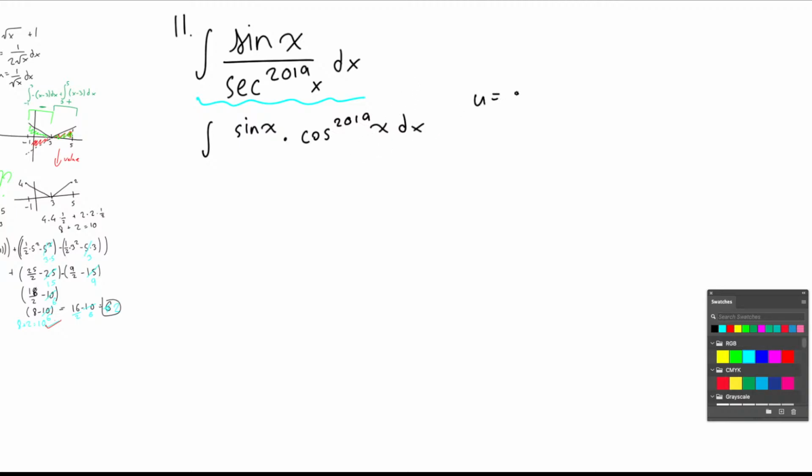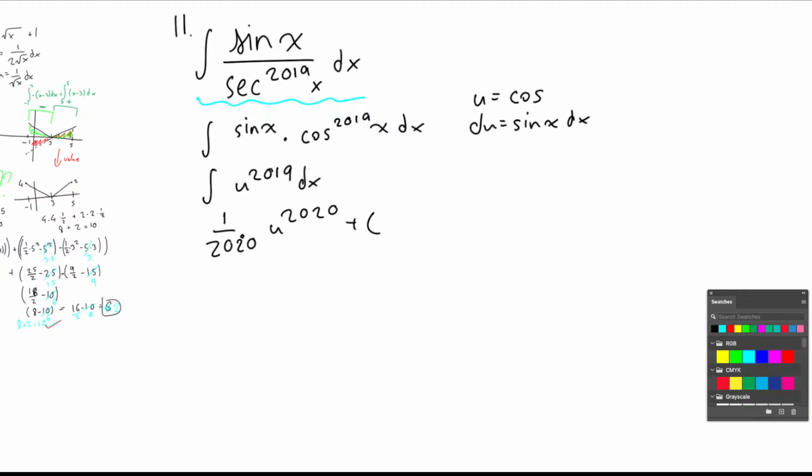However, if u equals cosine x, du equals negative sine x dx. Therefore, the integral of u to the 2019 du is 1 over 2020 u to the 2020 plus c.